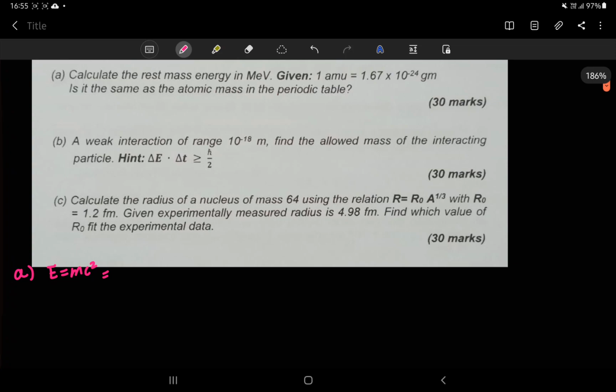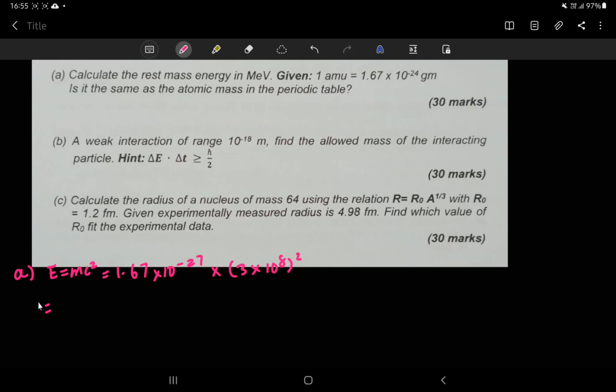The SI unit for mass is kilogram, so we change the given 1 AMU into kilogram units, which is 1.67 times 10 to the minus 27 kilogram. Then we multiply with c square, which is the speed of light squared, 3 times 10 to the 8 squared.